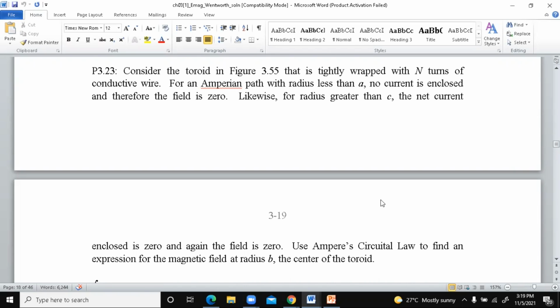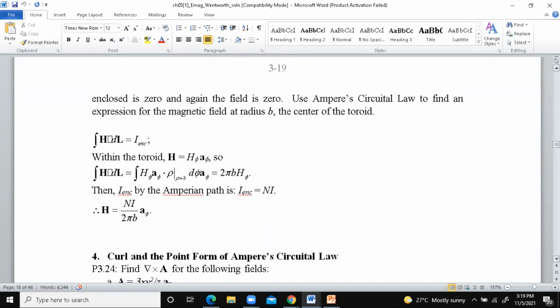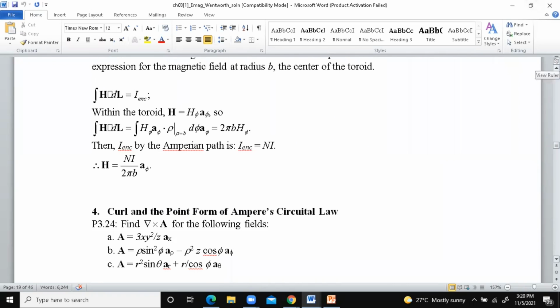All right, try this one now. Wait. You need the figure. Oh yeah, I'll get the figure without me showing you this.